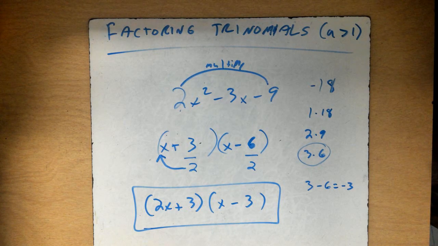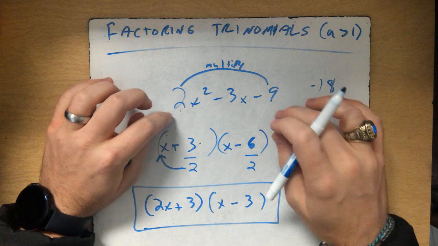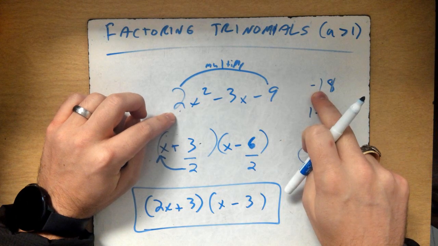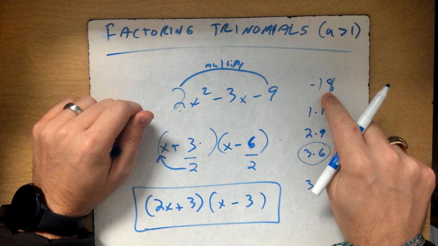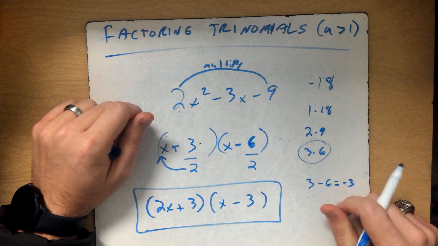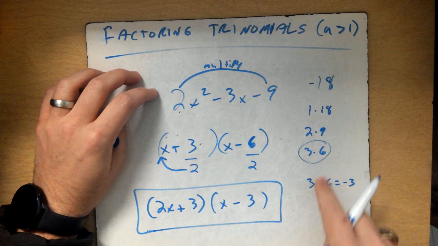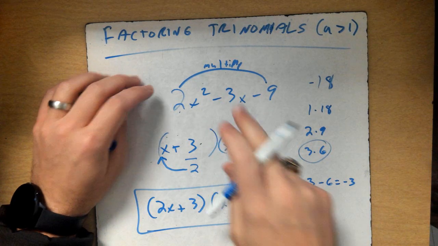So, recap, a quick recap. Can't divide by 2, so I multiply my first and last numbers to get negative 18. I have two numbers that multiply to 18: 1 and 18, 2 and 9, 3 and 6, all multiply to 18. What subtracts to give me 3? 3 and 6. If I do 3 minus 6, I get negative 3, which is what I want.